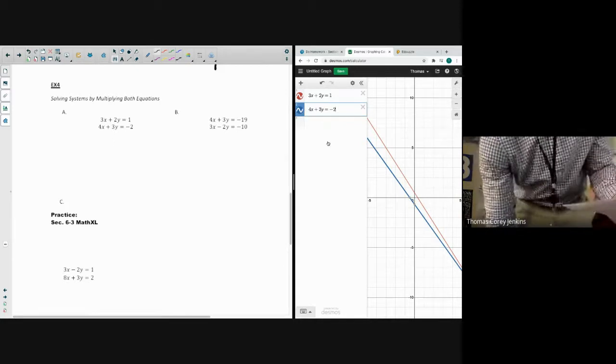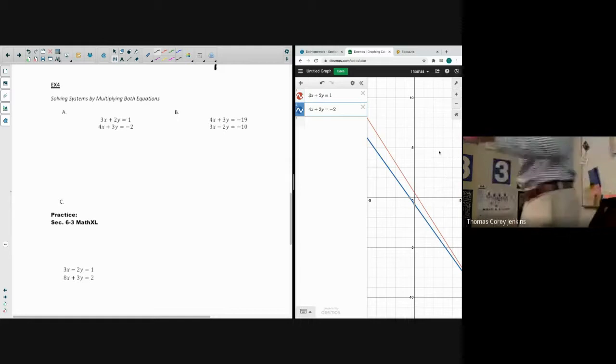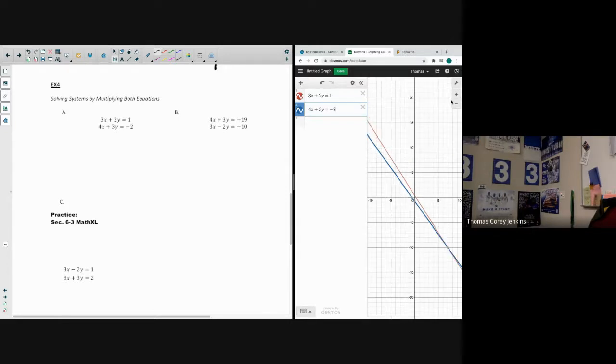All right, so looking at my screen, it looks like they're gonna cross, but I'm gonna have to zoom out a little bit to see exactly where they cross. I'm a little bit too zoomed in here, so zoom out. Looks like they cross right there at 7, -10. So we understand that that's our answer going in. Now we want to try to provide the work to go with it so we can get full credit on our test answer.